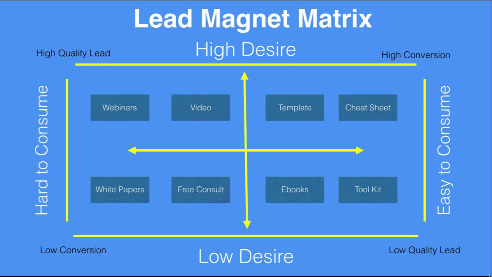So they tend to be easy to consume, but there's a low desire for these on the market, and they also lead to a lower quality lead because an ebook is usually just an impulse. So people will get it. The impulse is they'll hit it real quick, and that's it. If you're going to use an ebook, make it a strong ebook filled with affiliate links.